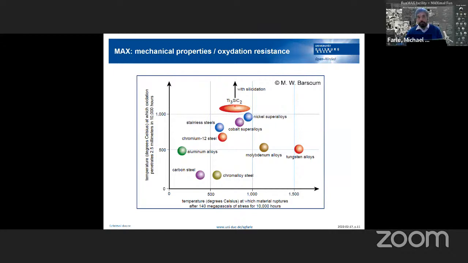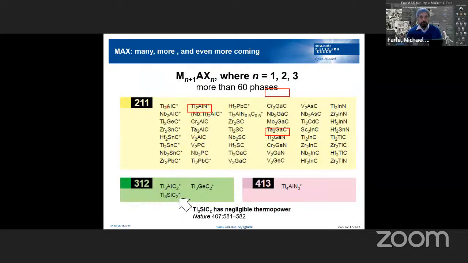It's more lightweight compared to the other alloys here, and it has a higher oxidation resistance. So there are many of these types of graphs nowadays for MAX phase materials, all demonstrating that this is an extremely nice class of materials where tuning and complete understanding is still missing, or just developing. Let's be more positive. It's developing.